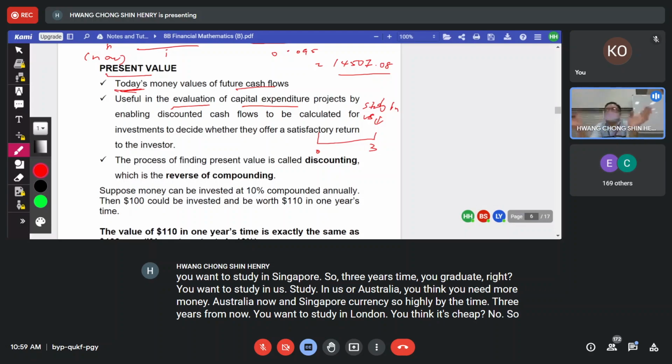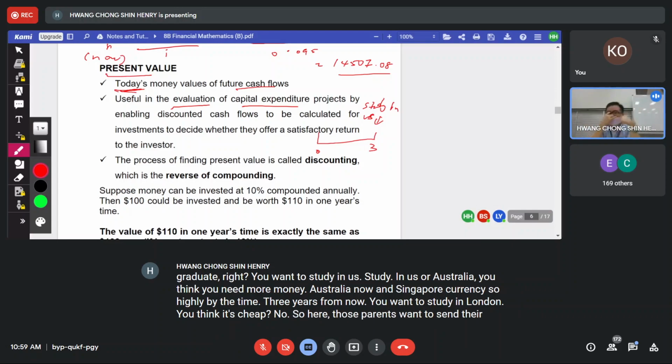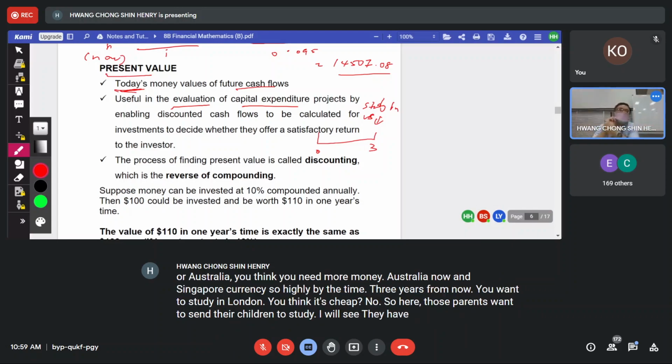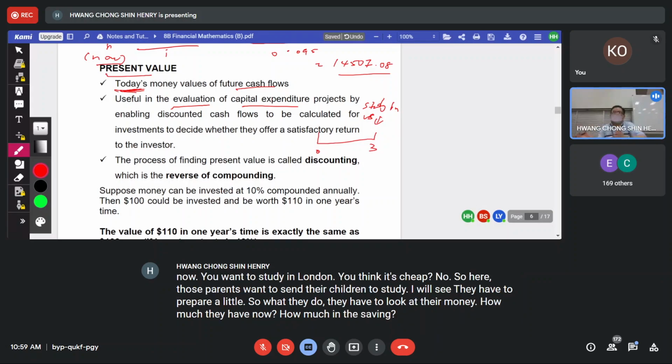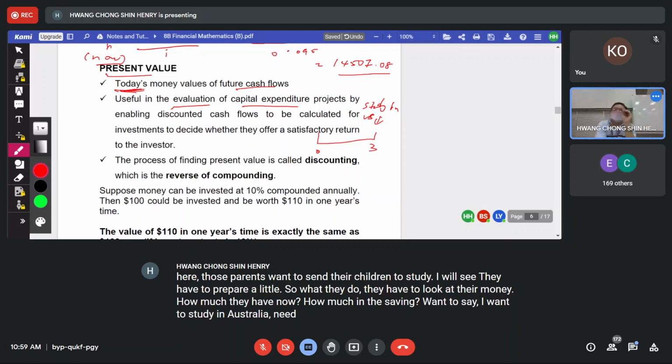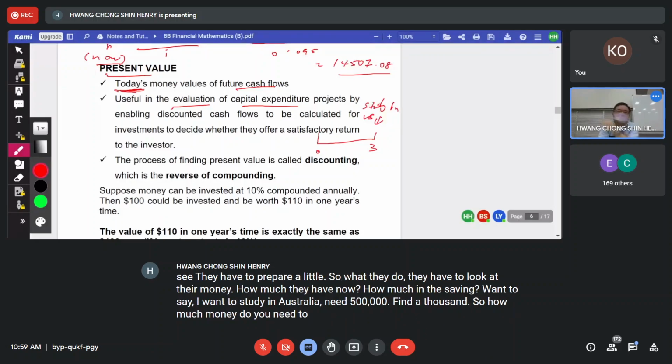So you see, those parents who want to send their children to study overseas, they have to prepare early. They have to look at how much they have now, how much in their savings. Want to send one child to study in Australia, need 500,000. So how much money do you need to save now?